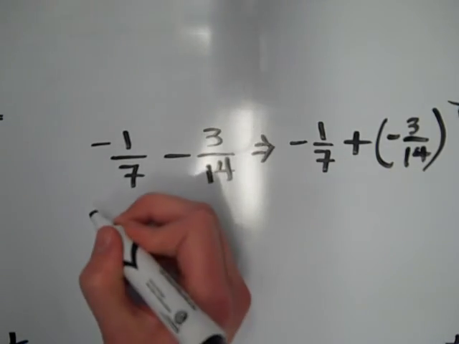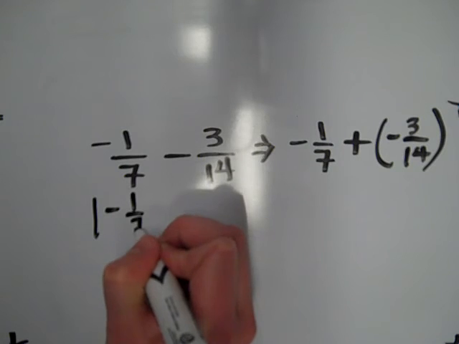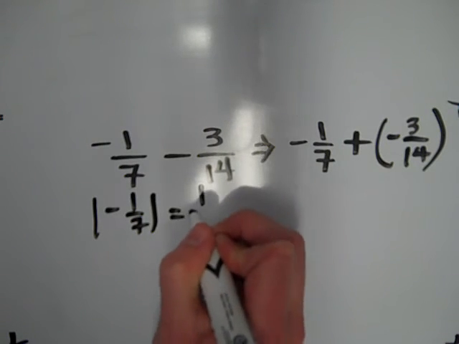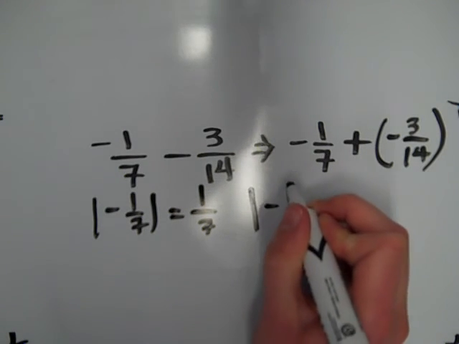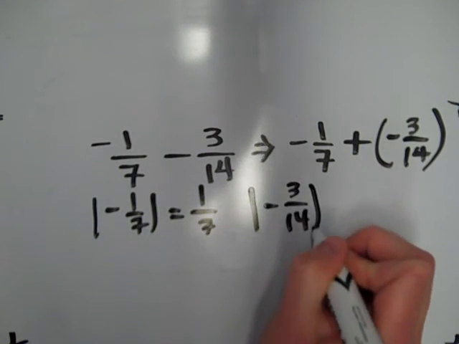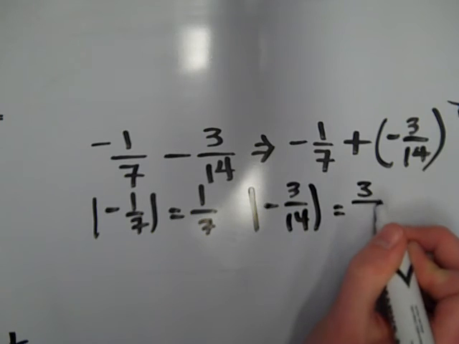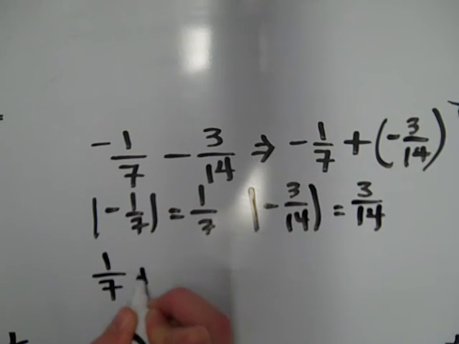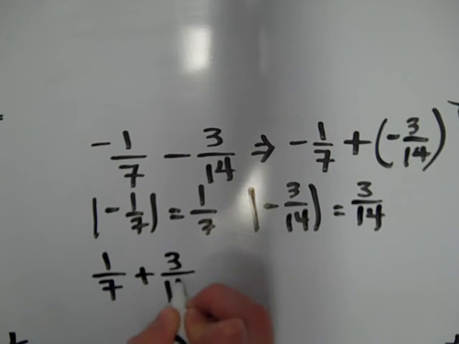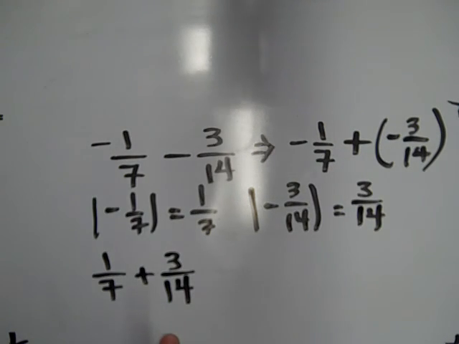Now I have an addition problem, which I like much better. The numbers have the same sign. So I'm going to take the absolute value of both those numbers. I have 1/7 and 3/14, and since the signs are the same, I'm going to add them. My common denominator I'm going to use is 14 because I know 7 goes into 14 evenly.